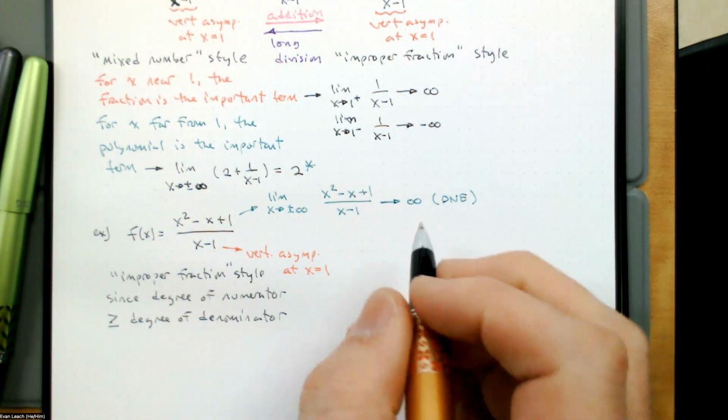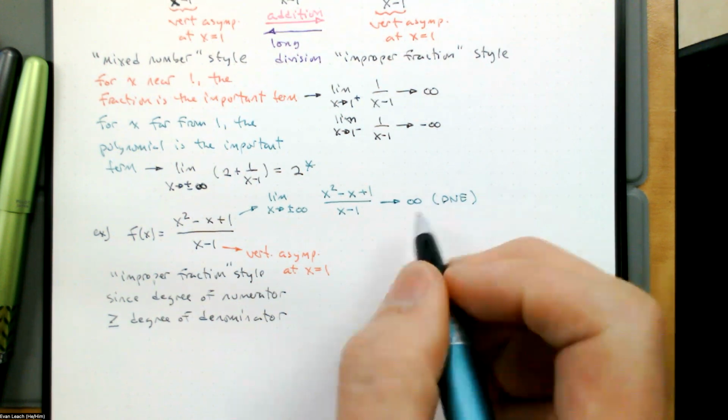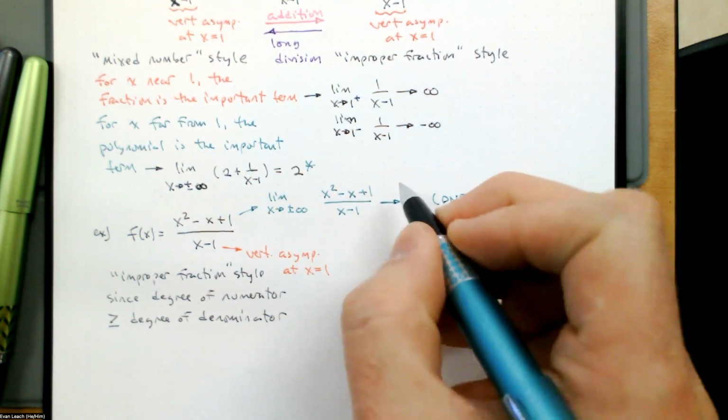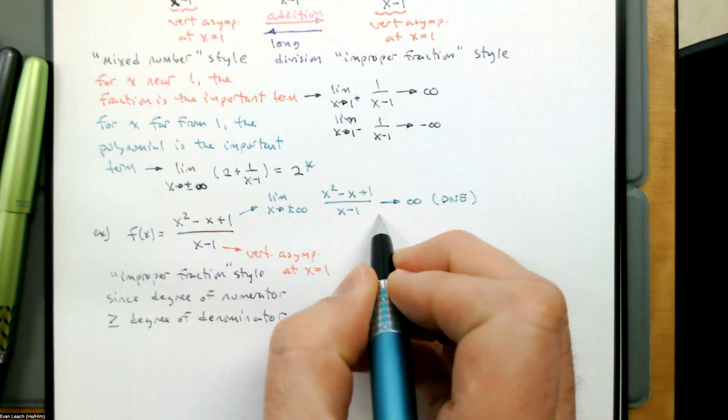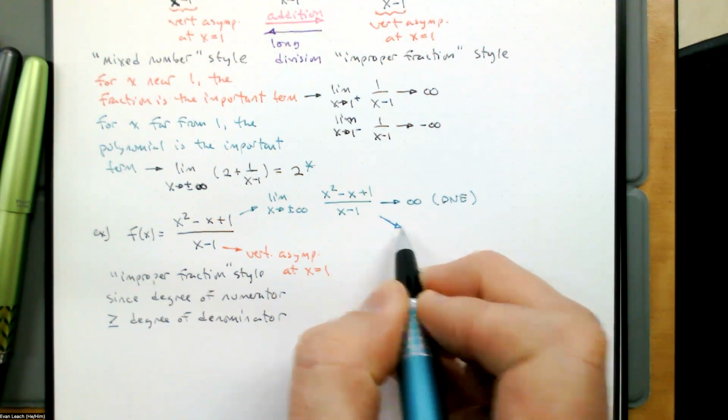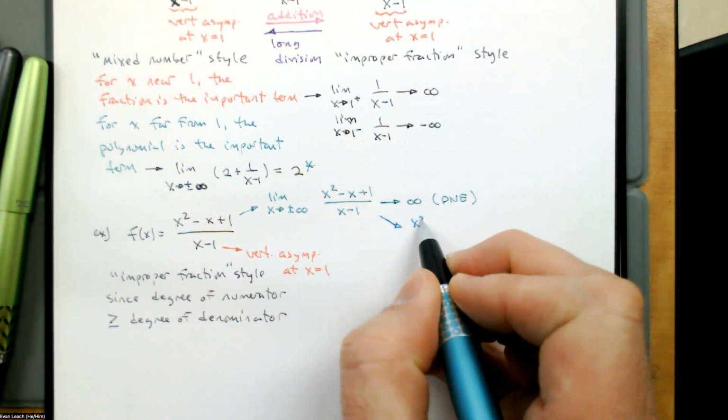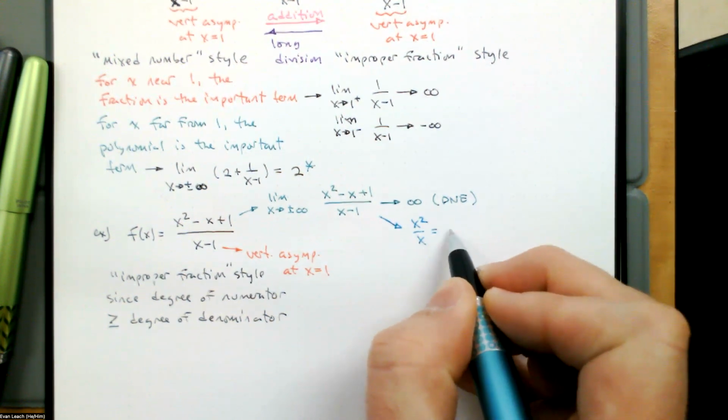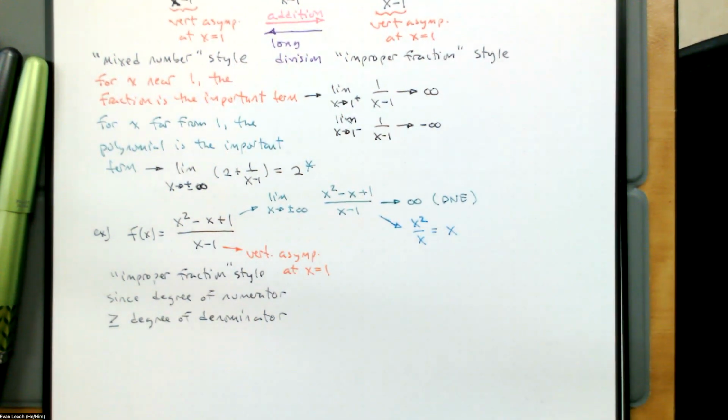So if we look more carefully, I look more carefully in blue. This is like an x squared over an x in the long run. So this function is going to look like x in the long run. For large values of x, we're really just looking at x.